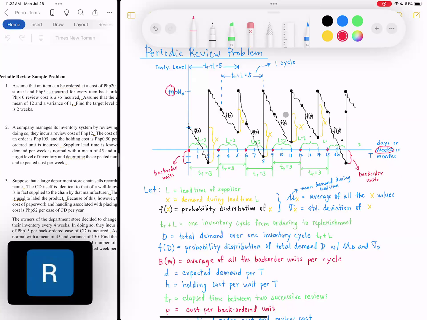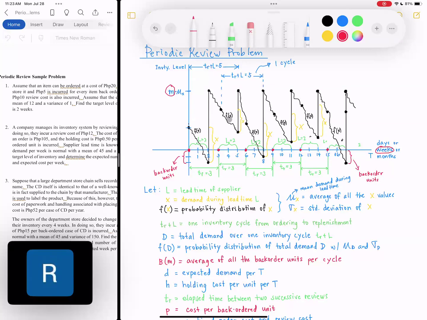Okay, so you have a probability distribution. And every time, class, remember this, every time you have a probability distribution, f of x is the probability distribution of your demand during this lead time period. Every time you have f of x, you should always have a mean and a standard deviation.